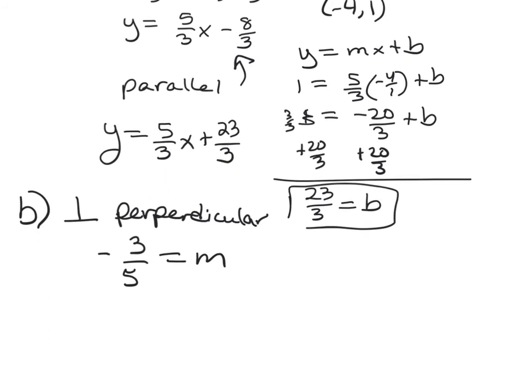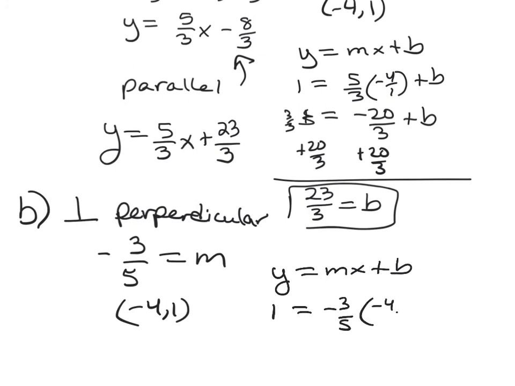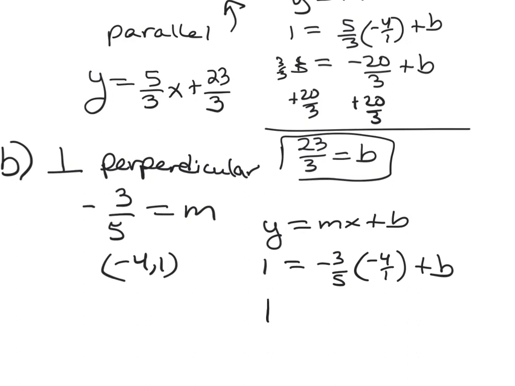So again, if I do slope intercept, y equals mx plus b. I'm using the ordered pair negative 4, 1. So 1 equals negative 3/5 times negative 4/1. 1 equals 12/5.